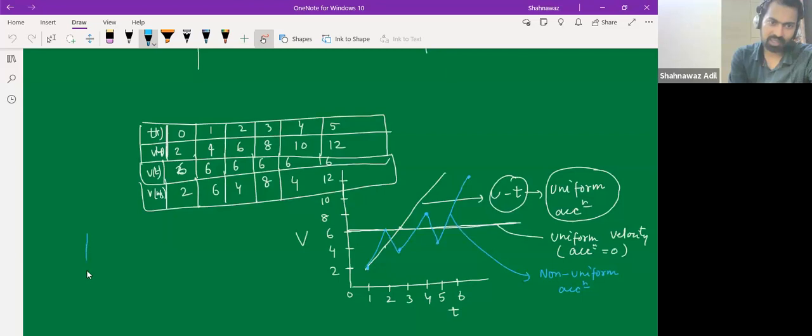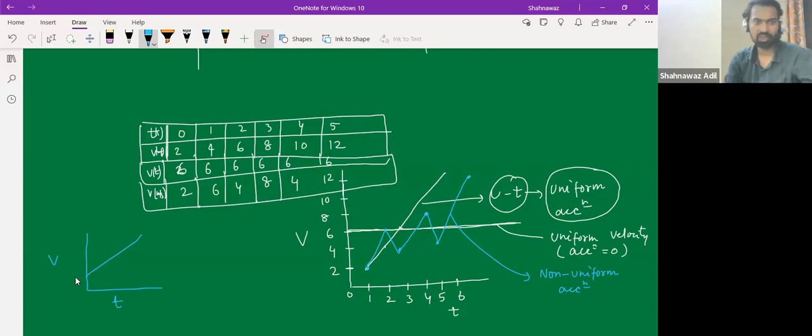So let's say that I have this VT graph. Can you guys directly tell me what kind of acceleration this is, whenever I have this kind of VT graph?